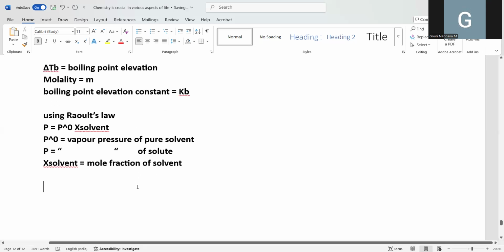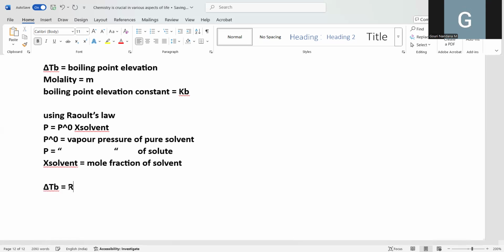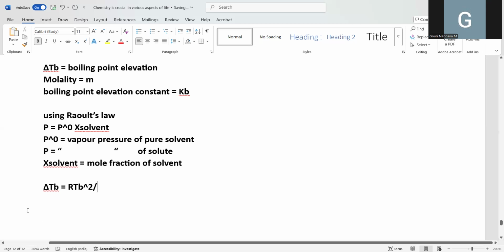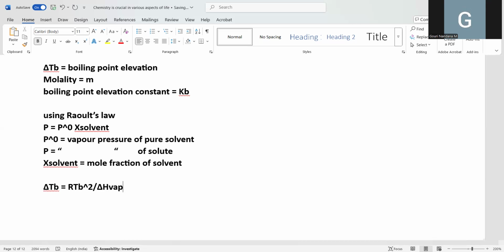The relationship is found that delta TB is equal to R TB square divided by delta H vapor into delta P.